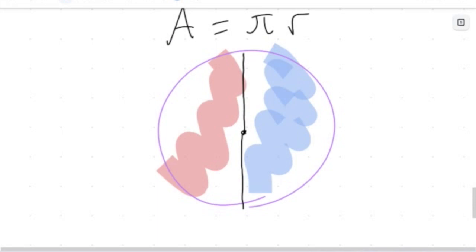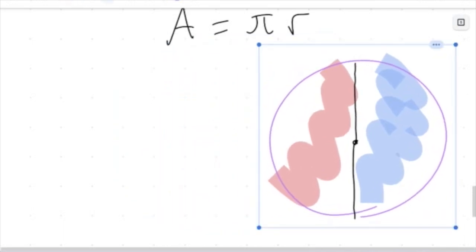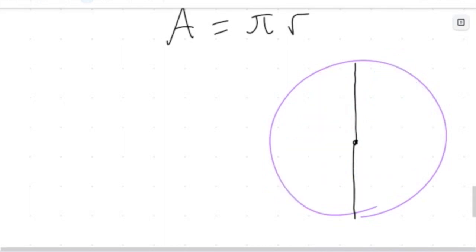So I've split this up, right? I have two what we call semicircles. So if we think about the area here, I have to consider, for example, if I wanted to find what area am I getting? Well, let's rub this out for now.